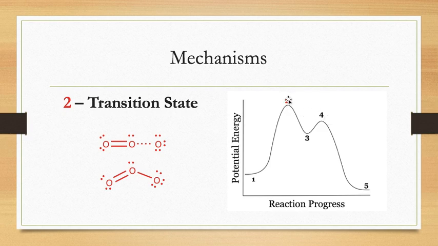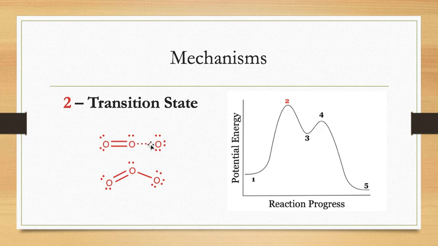We'll start with point 2. What's happening is this bond between these 2 oxygens, shown with a dotted line, is starting to break, but it hasn't completely broken, and so that's an even higher potential energy state than once the bond's broken completely. That's because it's halfway in between, and it's not a very stable situation.